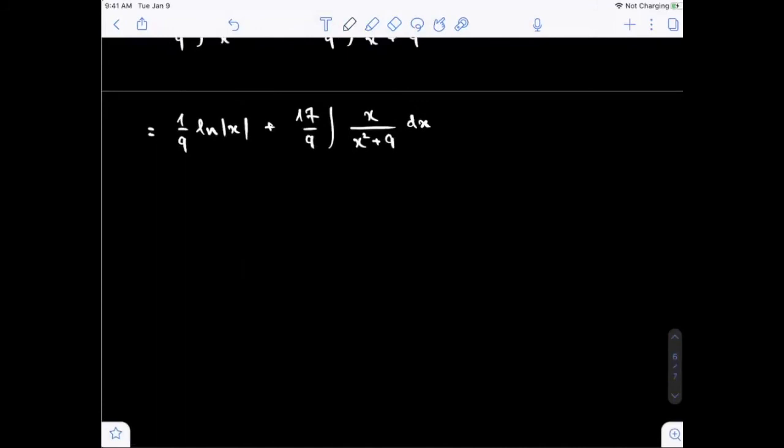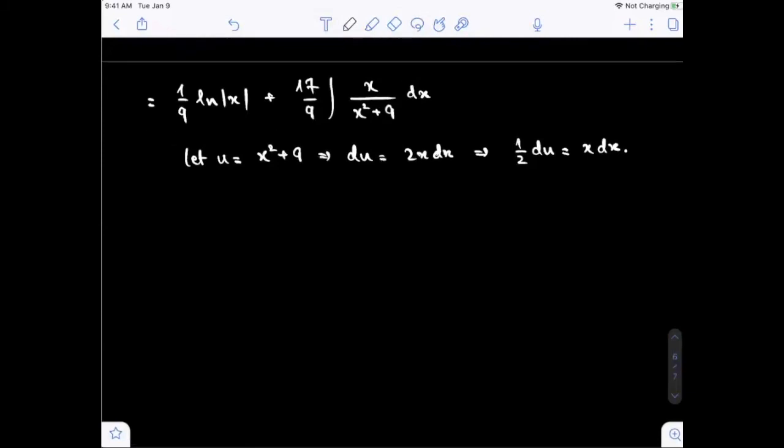Right, so substitutions. You let u equal x squared plus 9, so du equal 2x dx, or 1/2 du equal x dx. So you have 1 over 9 ln of absolute value of x plus 17 over 9 times the integral of 1 over u times 1/2 du.